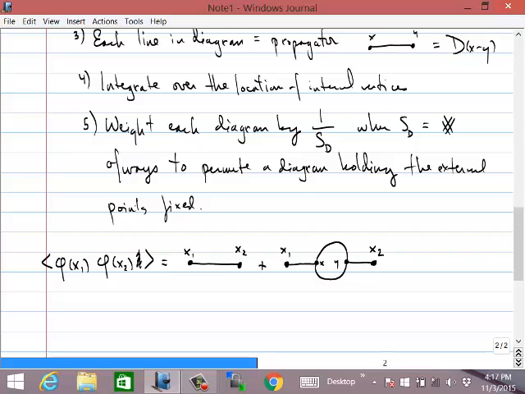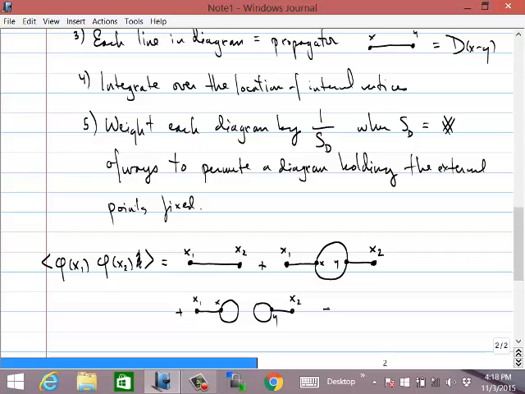And then at order g squared, there are actually going to be two other contributions. So there'll be a contribution that looks like this. So there's x1, there's x2, there's another internal vertex there at x, and another internal vertex there at a point we could call y.